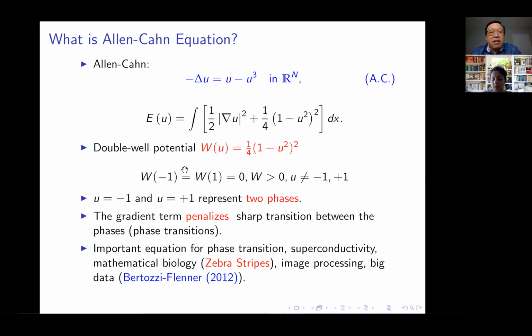This is a very important equation, a fundamental equation for phase transition, superconductivity and mathematical biology, which models the zebra stripes and image processing, and even big data, data science.